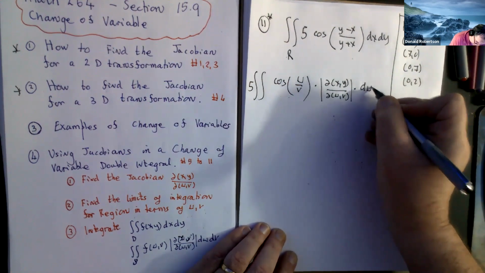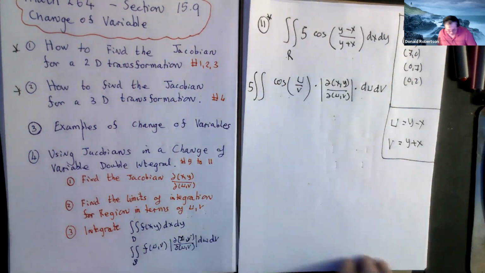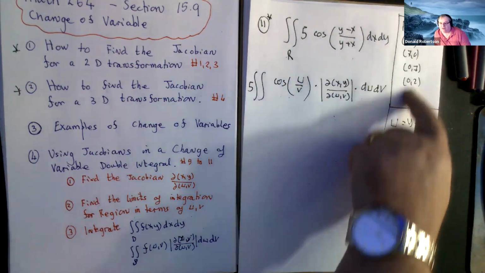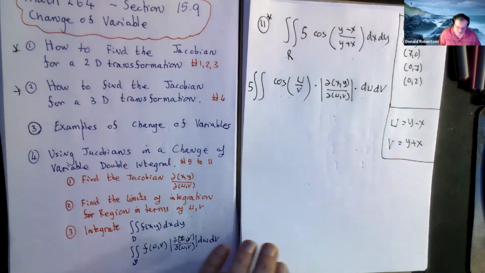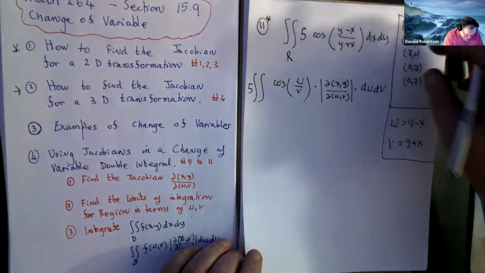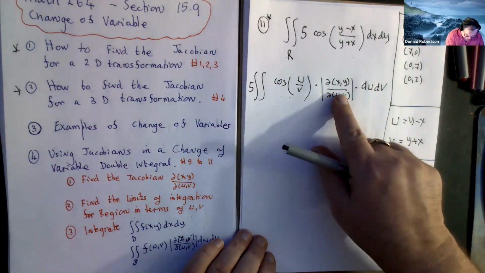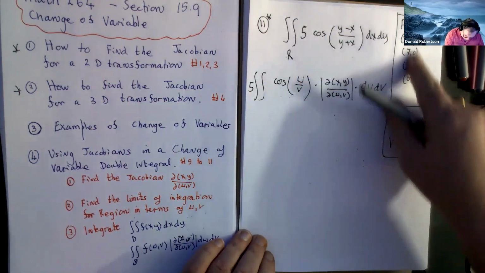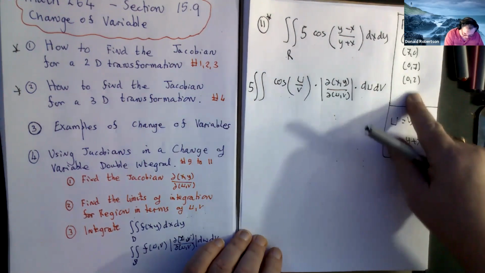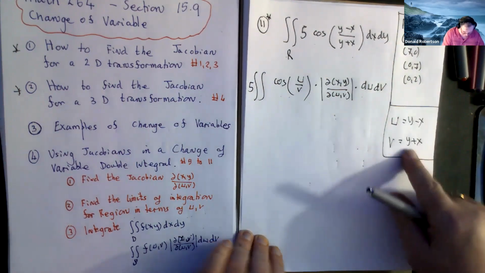And du and dv. Now, these guys here are eventually going to give me my limits of integration, but we're going to have to work on that later, right? Let's focus on just tidying up this piece here first. And then once I've figured out this guy, then we'll return back to figure out how to turn this shape into UV space.